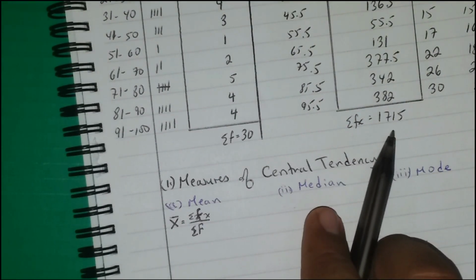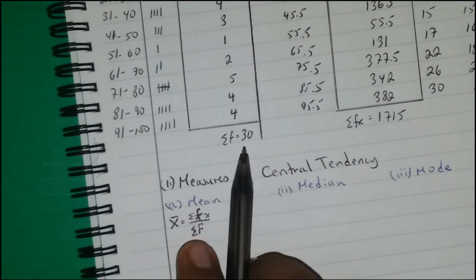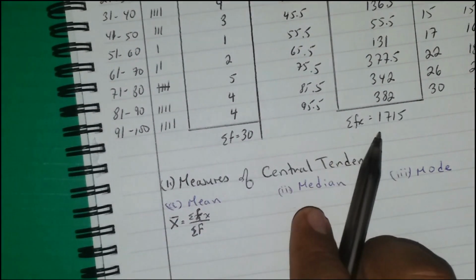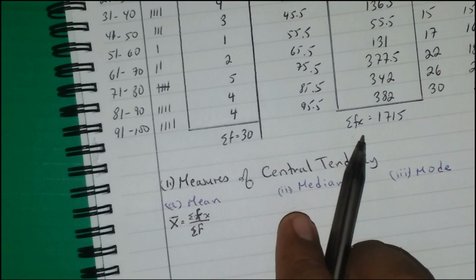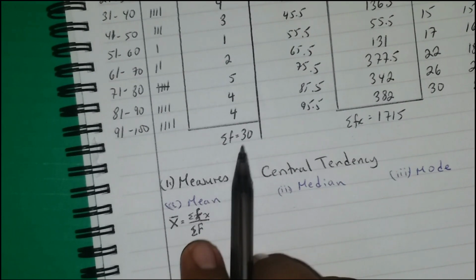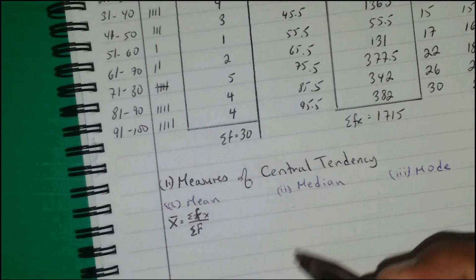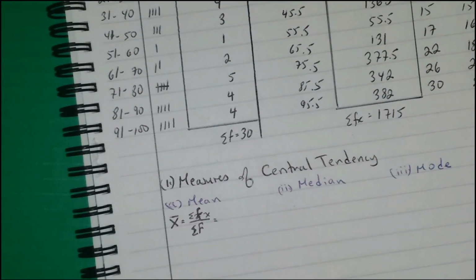The summation of f is the amount of numbers that we have, and the summation of fx is the sum of all the numbers that we have, or the sum of 30 numbers, that was 30 grades that was given to us or we collected from the questionnaire or whichever source of getting the response.